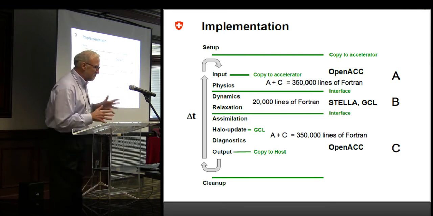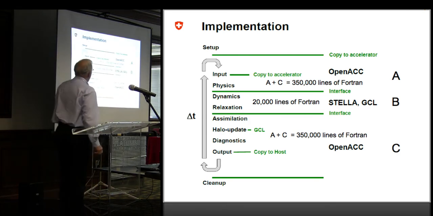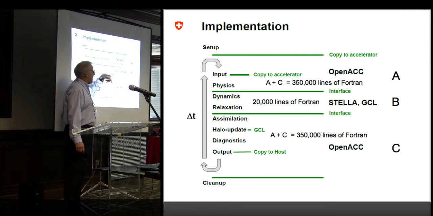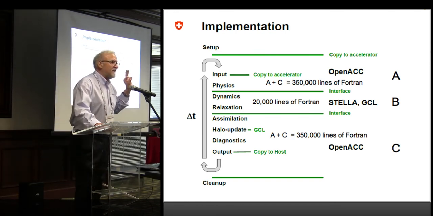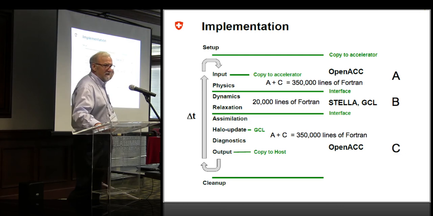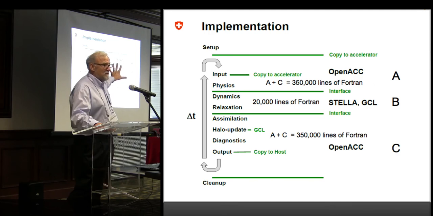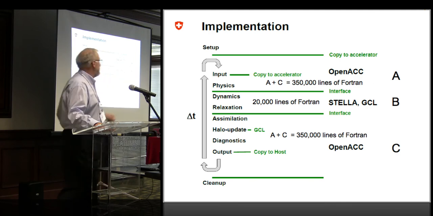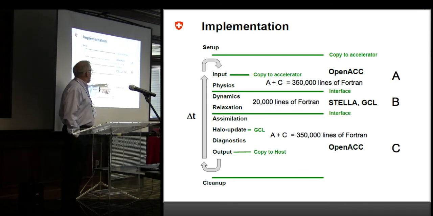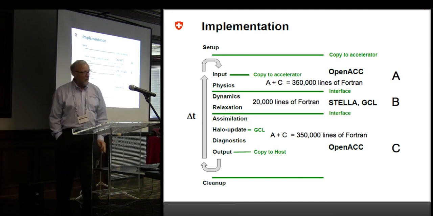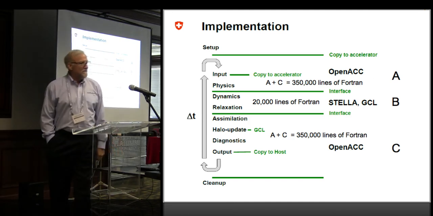It's basically a DSL that can be employed in any code. Now, they have offered this code to people. This will do any kind of stencil operation, and it's highly optimized. The rest of the code, which is about 350,000 lines of Fortran, is done with OpenACC.